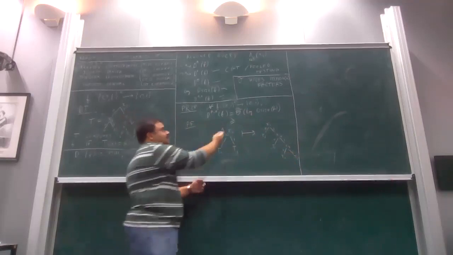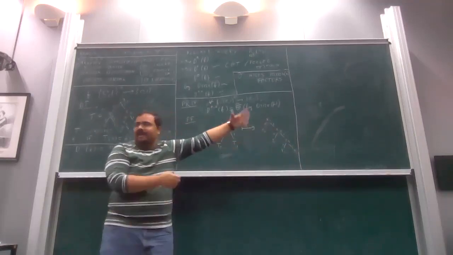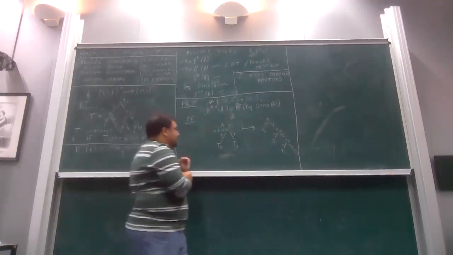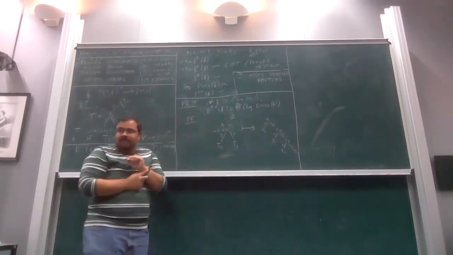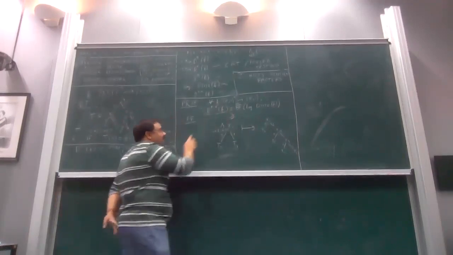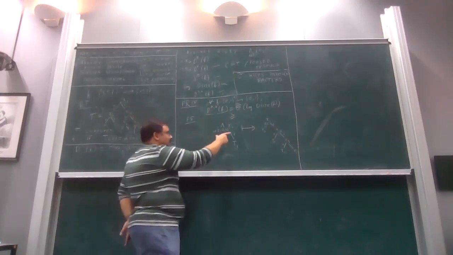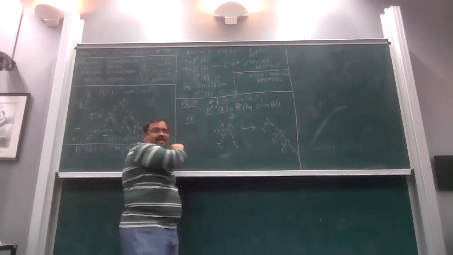I'm going to replace this whole AND query by the most natural expansion into a variable query decision tree. Sorry, what is T0 and T1? I'm saying, suppose you started with a tree in the AND-OR model that computes F, and suppose that tree had the structure that this is the first query made.